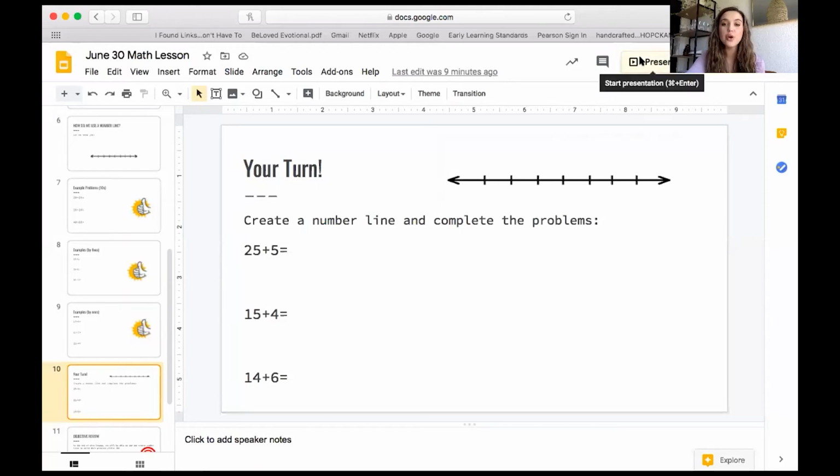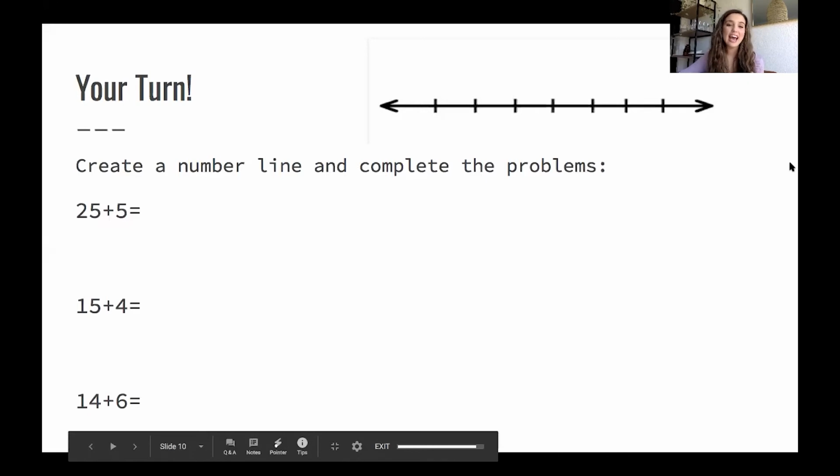All right, so I would love for you guys to take a turn doing this on your own. Like I said, we are going to do one of these together just so you guys feel ready and confident. But after that, I would love for you guys to take a turn and try it on your own. So let's build a number line together, and we will do 25 plus 5 as a group.